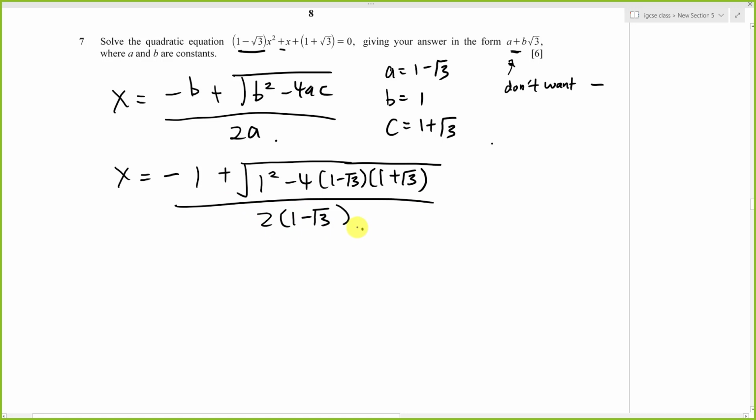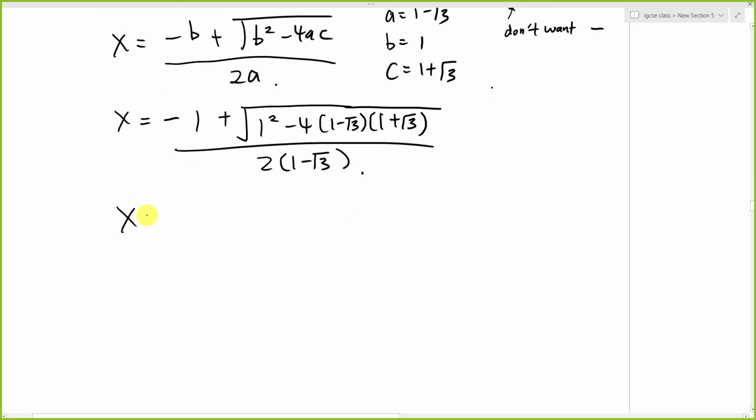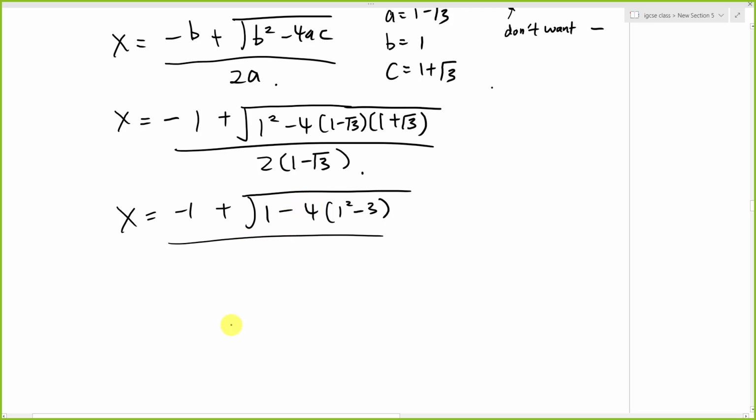Alright, so it doesn't seem too bad. So we'll solve it. 1 minus 4, A plus B times A minus B, I get A squared minus B squared, divided by, should I expand it? Yeah, I'll just expand it, it doesn't matter. Then I will solve whatever is inside the brackets.